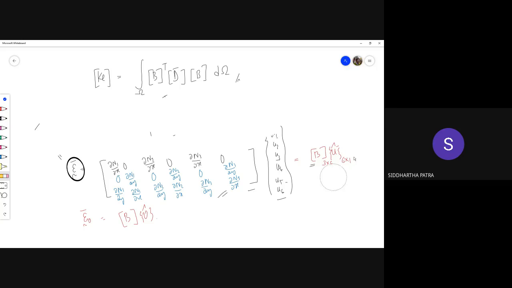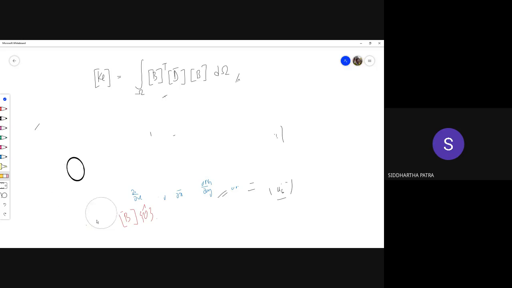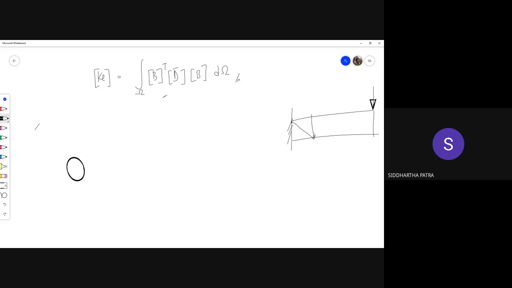But before that, try to imagine this. Here is a cantilever with a concentrated force at the free end, and what I chose to do is model it with a series of CST elements.